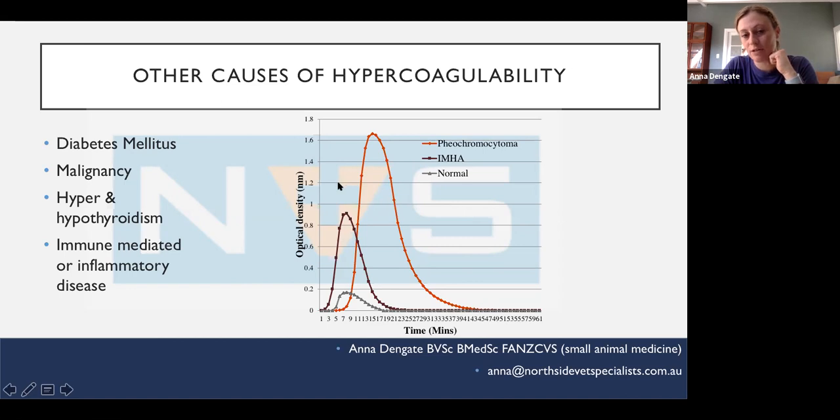So we're going to get a huge increase in the number of clots formed, the size of the clot formed, the strength of the clots formed, but also those clots aren't going to break down very well. So we absolutely have to be addressing hypercoagulability in these dogs.